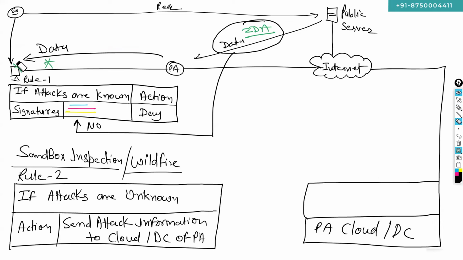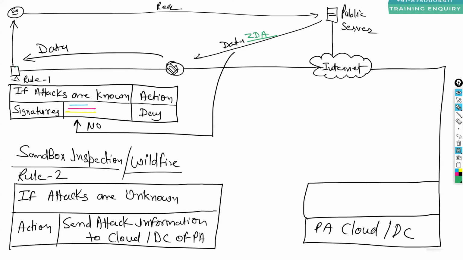Now what will happen? Let's simulate it again. The client is initiating a request to a public server. The public server is sending a file. That file contains a ZDA, a zero-day attack or unknown attack. When the reply comes to the firewall, the firewall will match the file with known attacks.